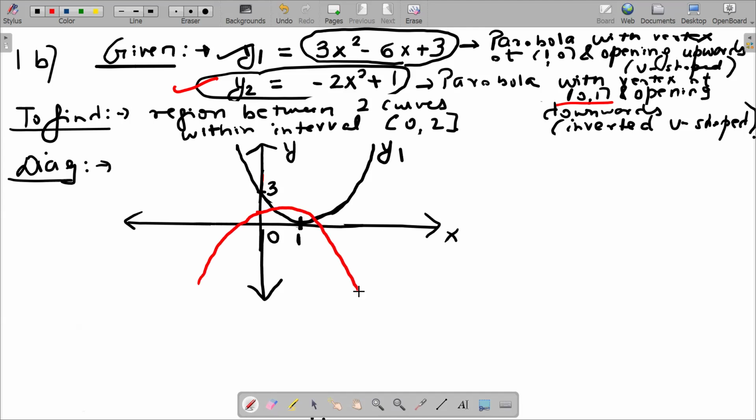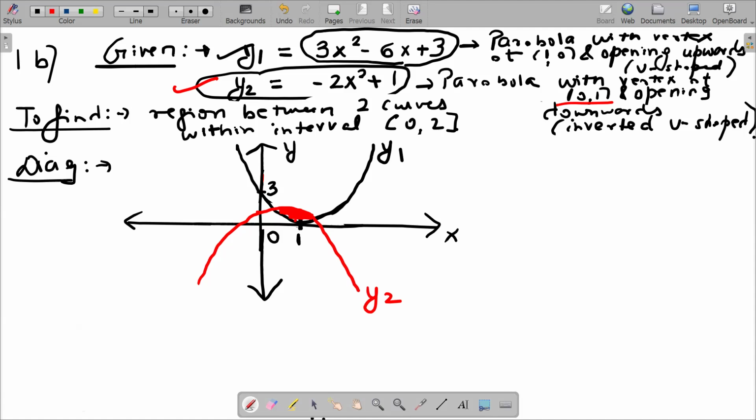Okay, so somewhat like this is going to be my y. I need to find the area between the curves from 0 to 2. That means somewhat this area is what I need to find out, as x takes values from 0 to 2.